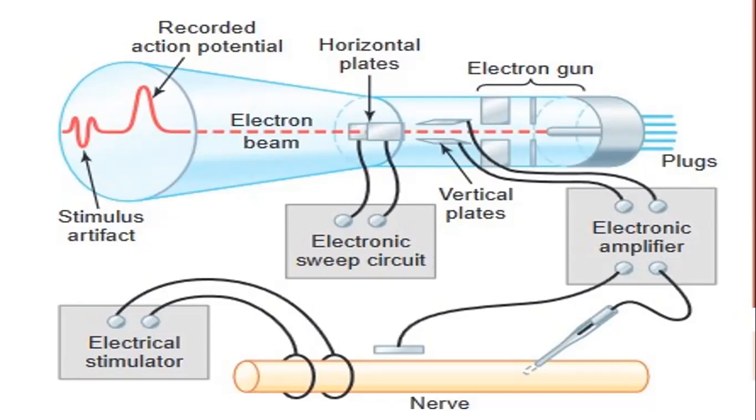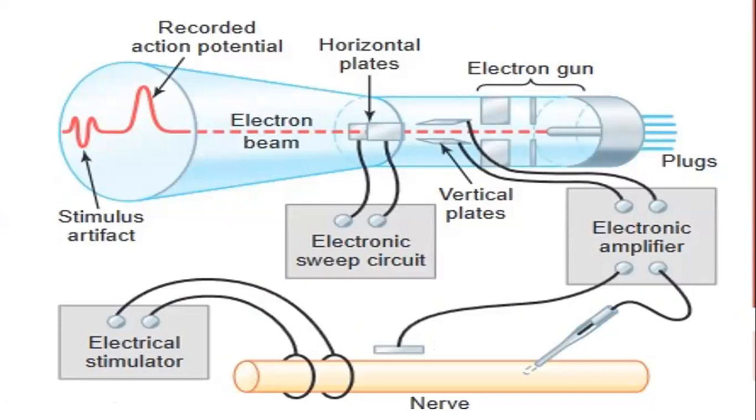Then we have learned that with the cathode ray oscilloscope, we can measure the resting membrane potential as well as action potential. Here you can see one electrode is placed inside and the other outside the cell, and these are connected with an electronic amplifier. Then there is an electronic stimulator which stimulates the nerve or the excitable tissue.